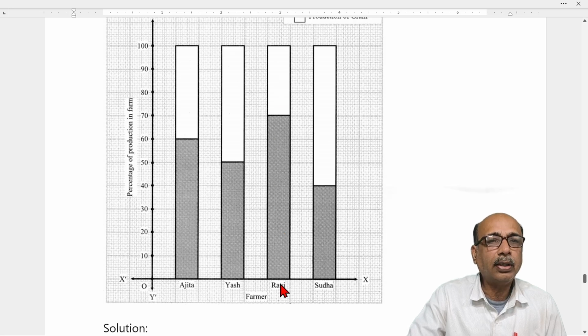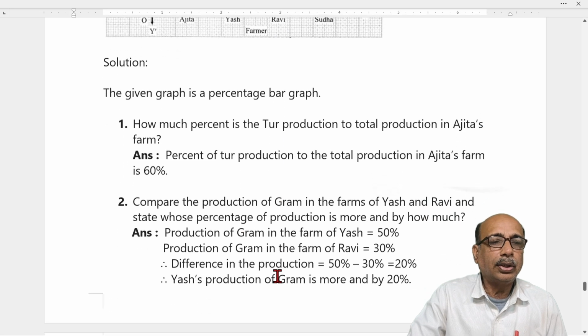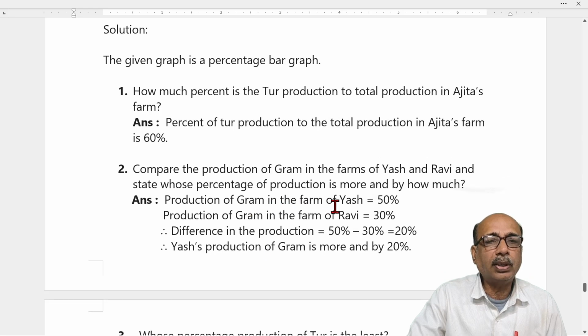So here you see production of gram in the farm of Yash is 50%, production of gram in the farm of Ravi is 30%. Difference in the production 50% minus 30% equals 20%. Therefore, Yash's production of gram is more, by 20%.